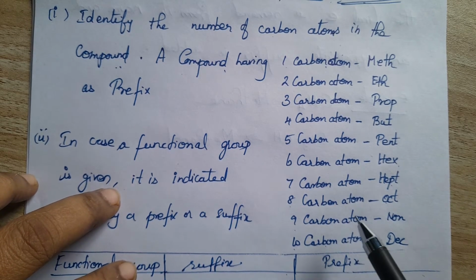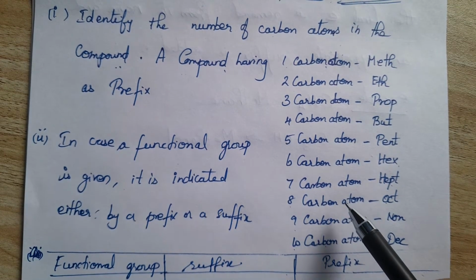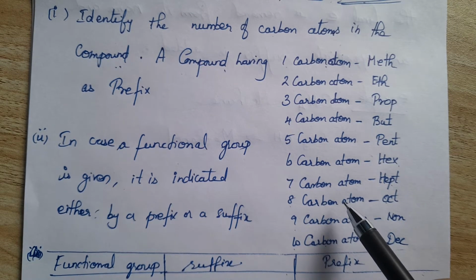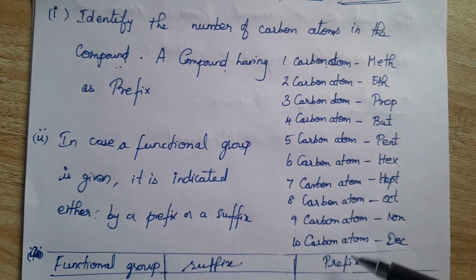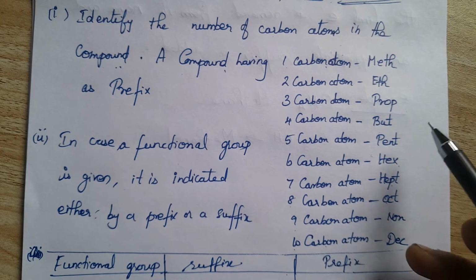Like how we name polygons: if it is three-sided, triangle; four-sided, quadrilateral; five, pentagon; six, hexagon, likewise. So there is a specific name for that, which is the prefix. Usually we give the name based on the number of carbon atoms.